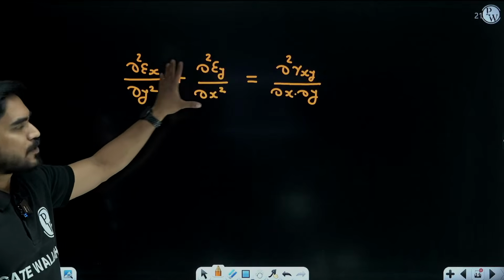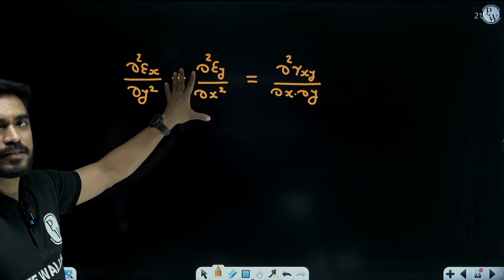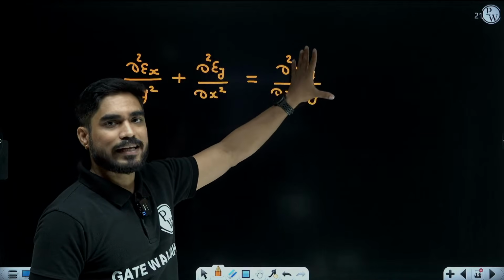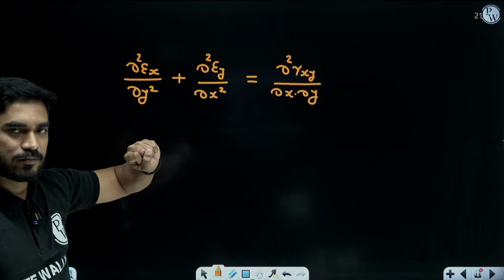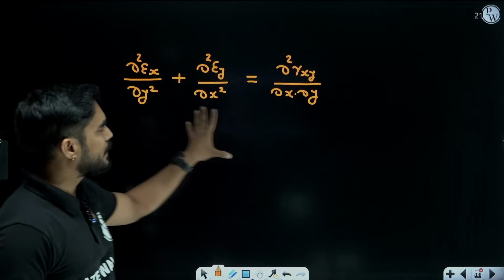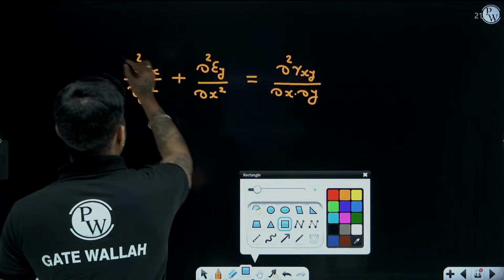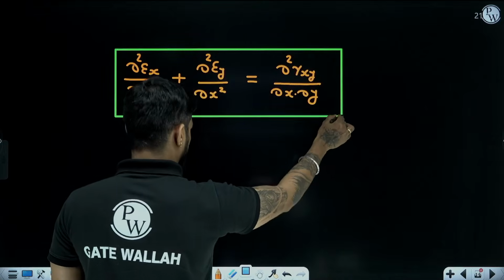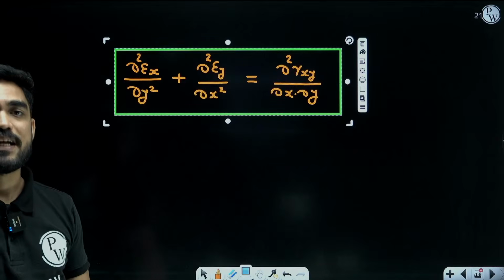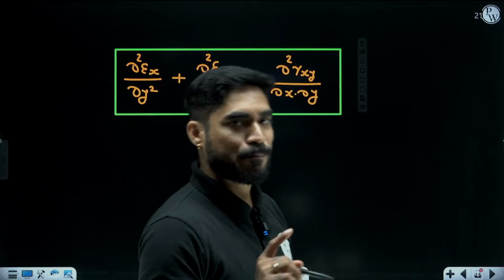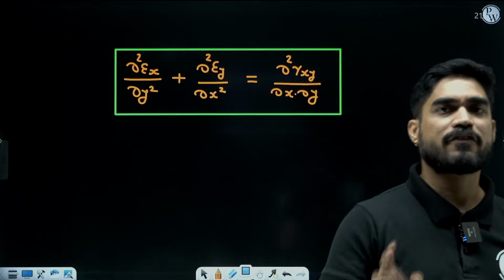Epsilon x, epsilon y are normal strains, gamma xy is shear strain. So they are related to each other using this equation. This is the compatibility equation in terms of strain.